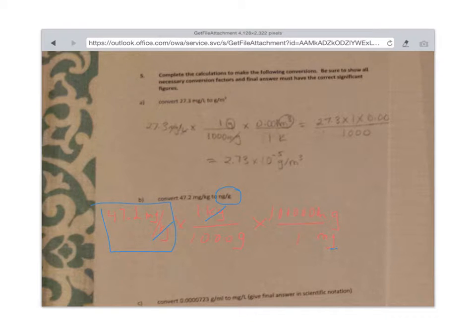So milligrams will cross out with milligrams, and I now have nanograms over grams, and so I can take my 1,000 and divide it into my 1 million and end up with 1,000 times 47.2 nanograms per gram. And then you can write that in scientific notation as 4.72 times 10 to the 4 nanograms per gram.